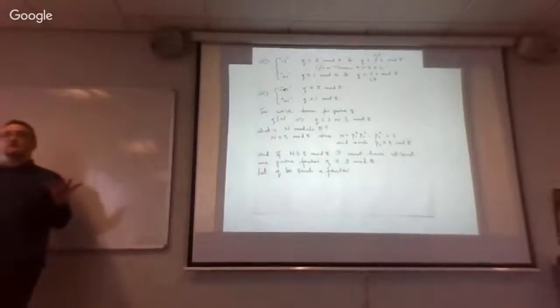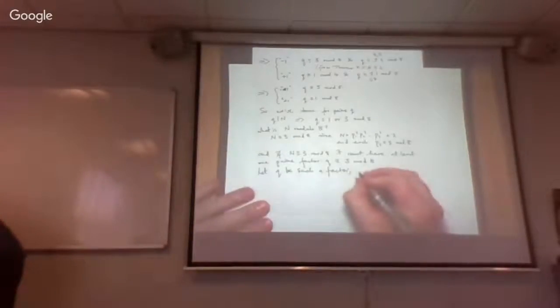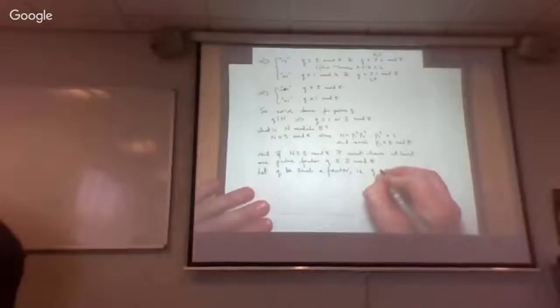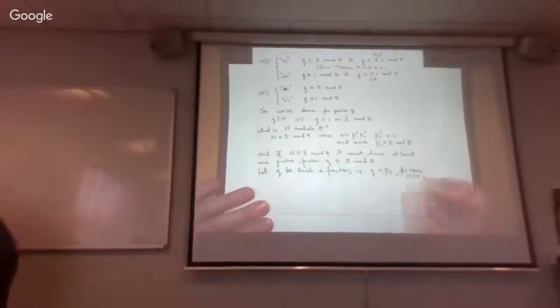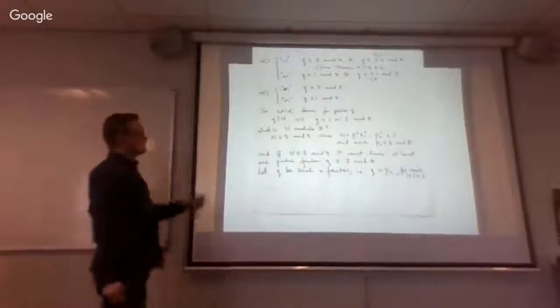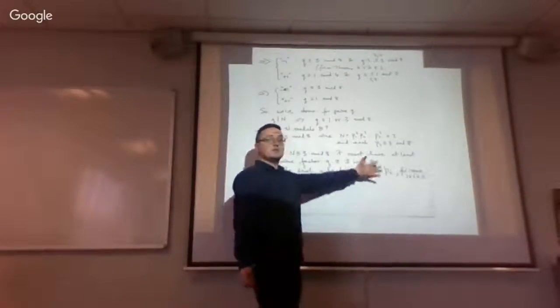And here we get our contradiction. Remember, we've assumed that there's only a finite number of these, and we've captured them all in p1 to ps. So if q is a prime factor congruent to 3 mod 8, it must be one of those p's.